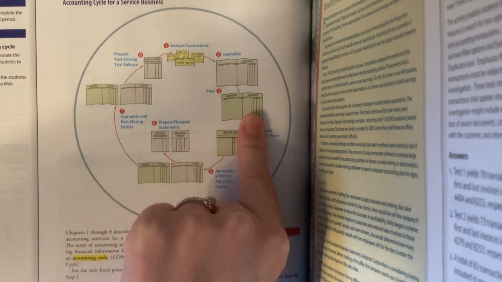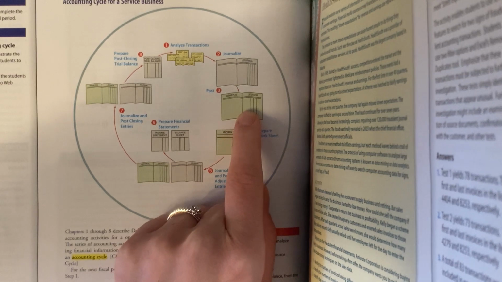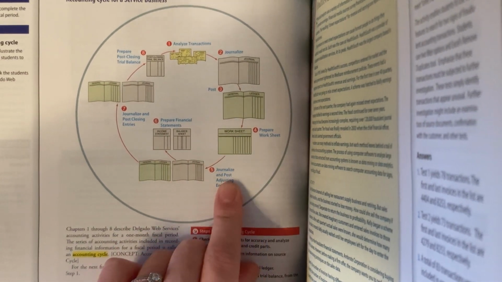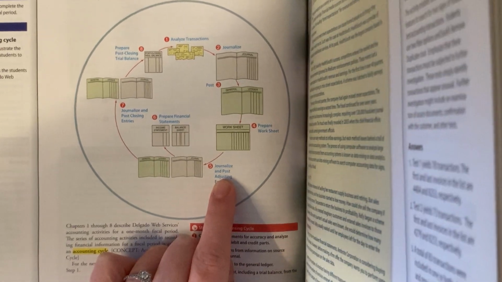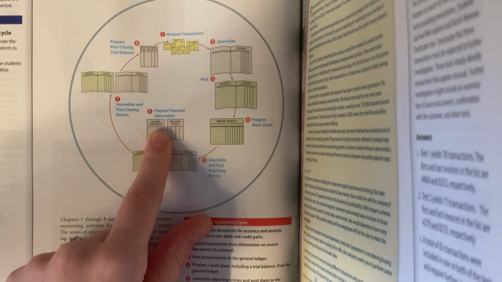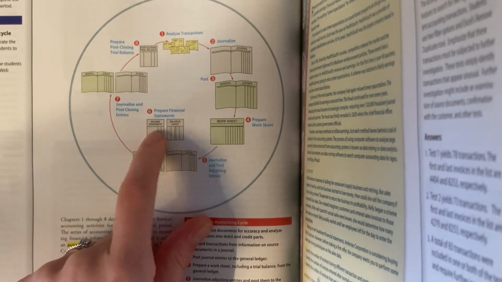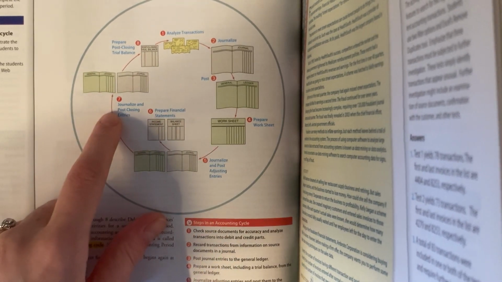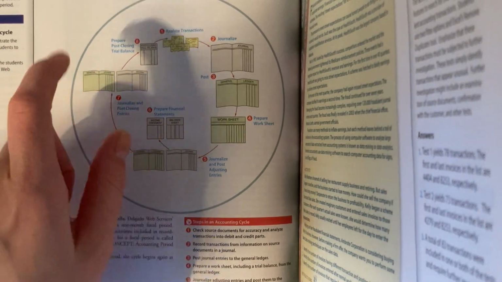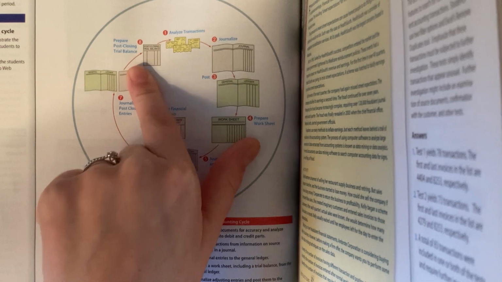Then we posted those transactions to the general ledger. Then we prepared a worksheet. Then we journalized and posted those adjusting entries, that supplies on hand and that insurance. From those, we prepared financial statements. You probably hated this. Then we journalize and post the closing entries. We did that in 8.1. Now we prepare a post-closing trial balance.